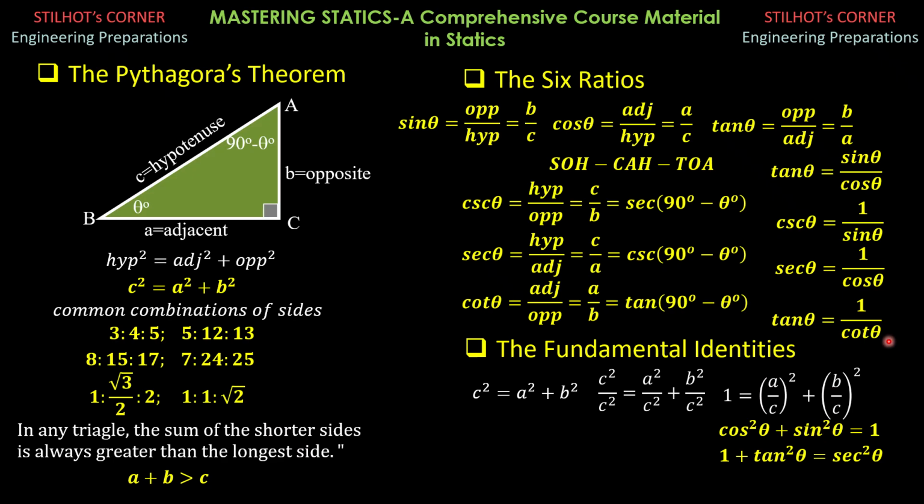So this is what I was mentioning before, that tangent theta is 1 over cotangent theta. So again, dividing everything here by sine square theta, cotangent square theta plus 1 equals cosecant square of theta. So for this part, that's the identity.